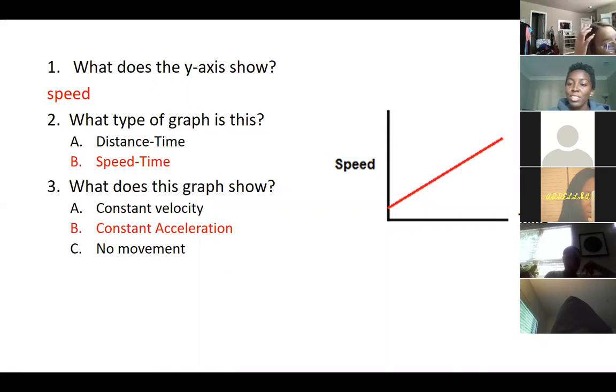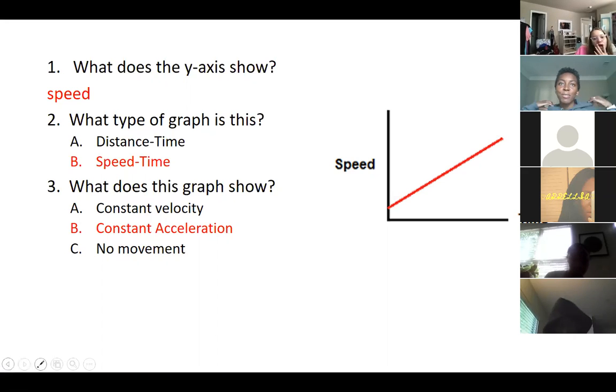So remember, there really isn't a difference between speed and velocity, except that one of them has direction, right? Okay, so which one of those has direction? Speed or velocity? Velocity. Yes, velocity has direction.